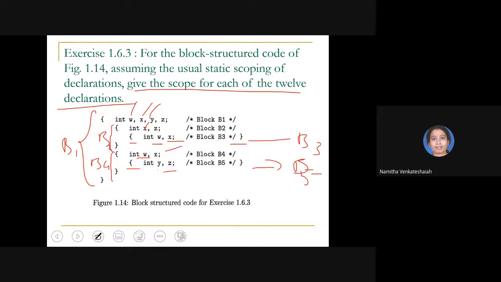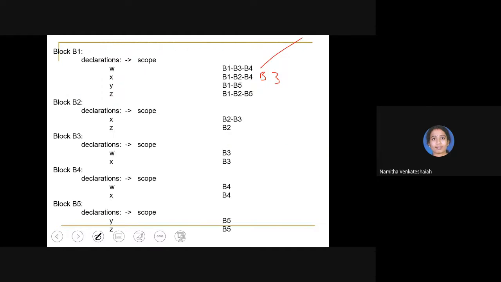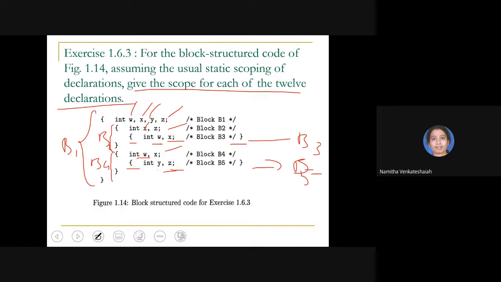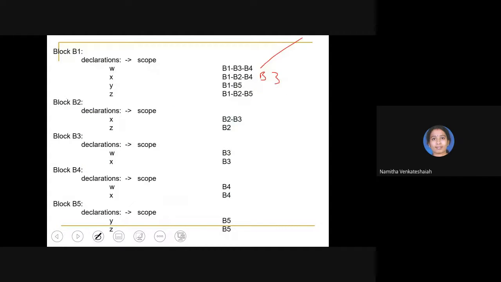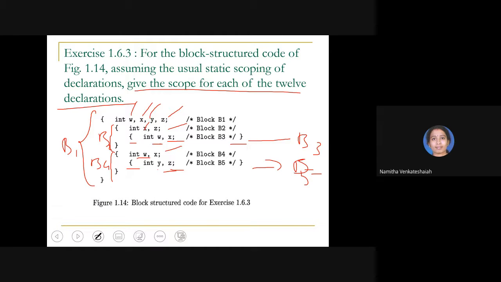And Z. Z is in B1, B2 and B5. Okay. And what about block B2? X and Z are there. So its scope is in B2 and also in B3, B4. Z is not there, right? Z is there in B1, Z is there in B2, and Z is there in B5.